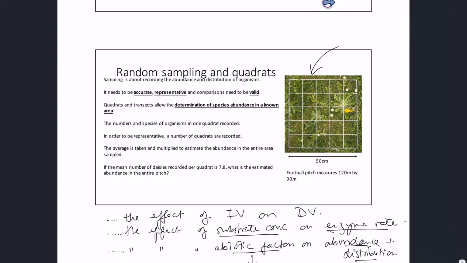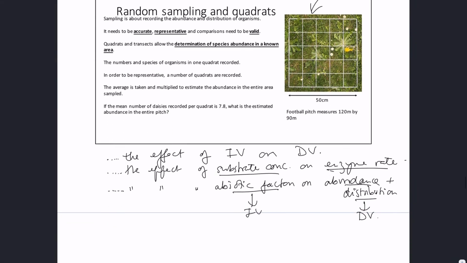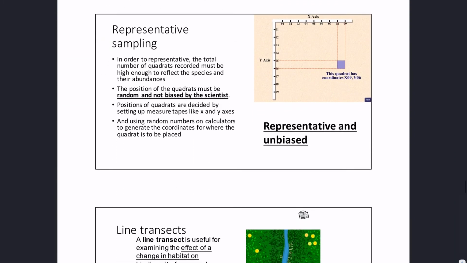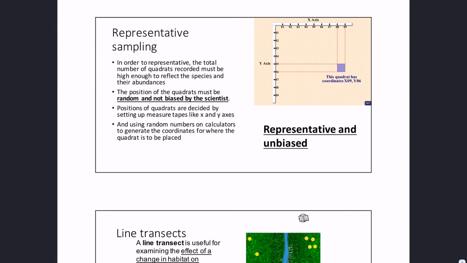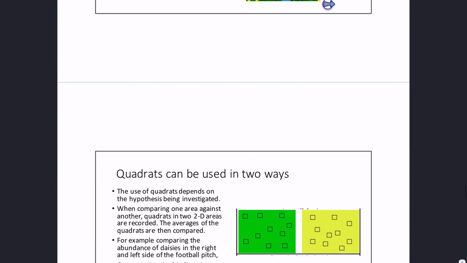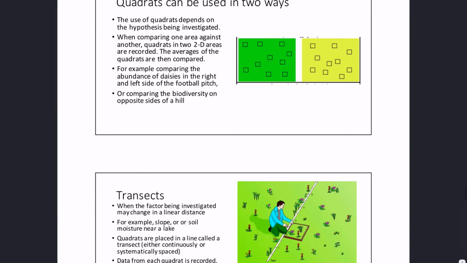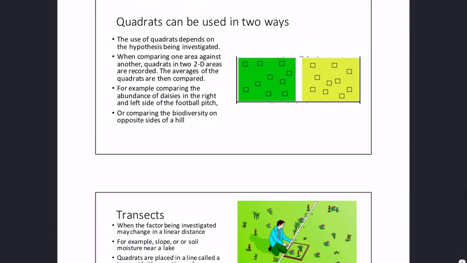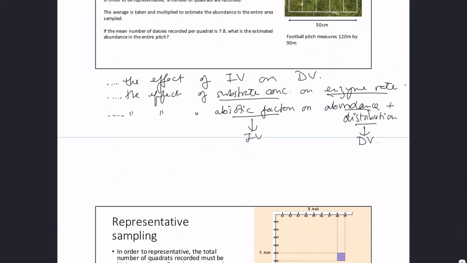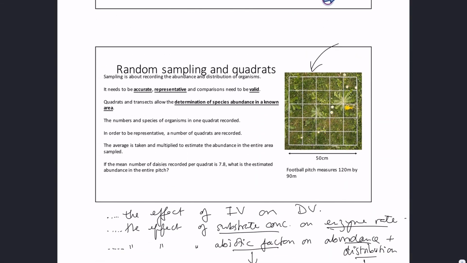But anyway, we discussed how to use the quadrat there. So let's just talk about the two different ways that we can set up an investigation. Let's just go back to this: each time you do a sample, you need to record two things.